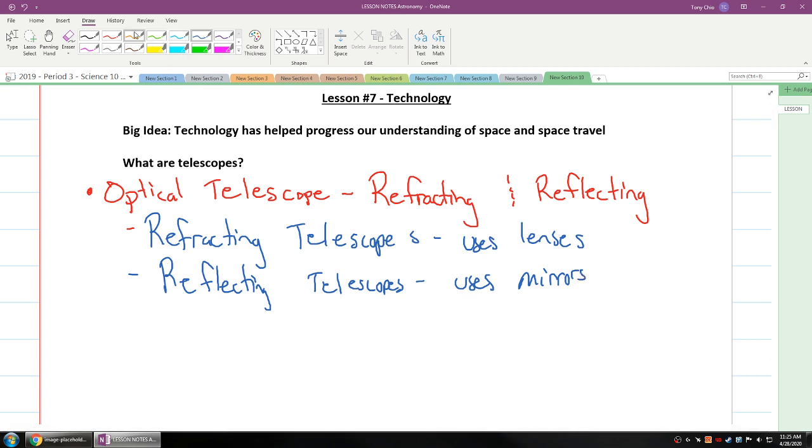Now the largest telescopes we have are mostly reflecting, because they give you a way better picture.